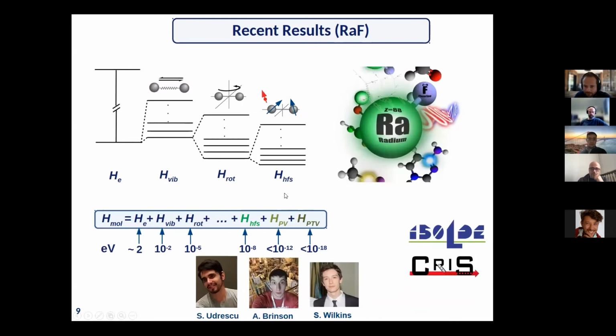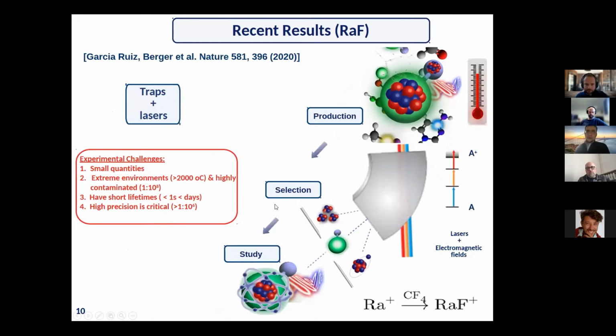So good. Then we went to do the experiments, and we said, okay, hopefully one day we get there. We have to know it experimentally well, and then go to these parameters. So here is the three-step description of the experiment. We first produce the molecule or the nuclei, which is a nuclear reaction.